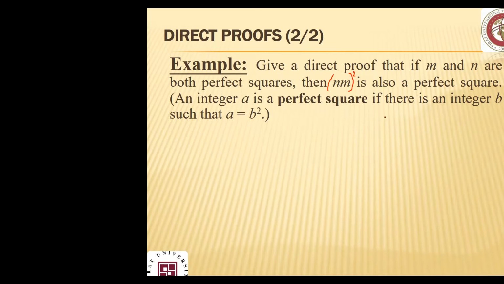So what is given? What's given here is m and n are both perfect squares. How do we define m? You can give it a value, let's say m equals t squared, n equals maybe s squared. So we assume that this is true, both of them, n and m. And then, based on the statement that they are both true, we prove that the other side, the implied side, is also true.